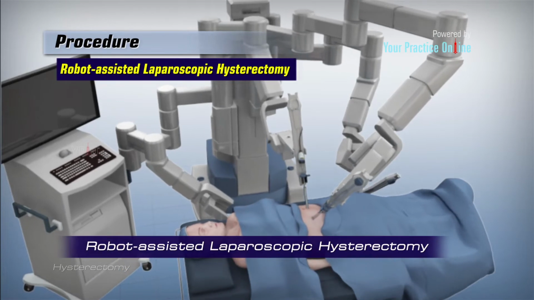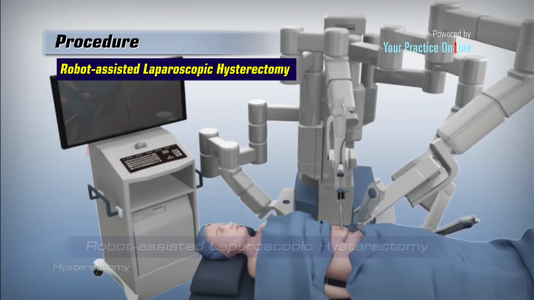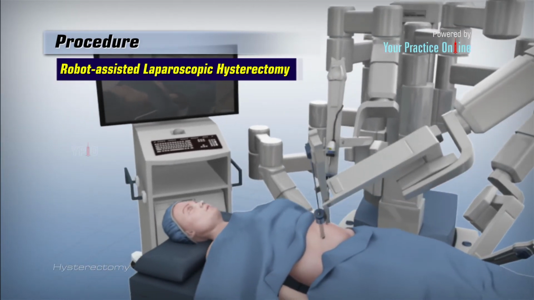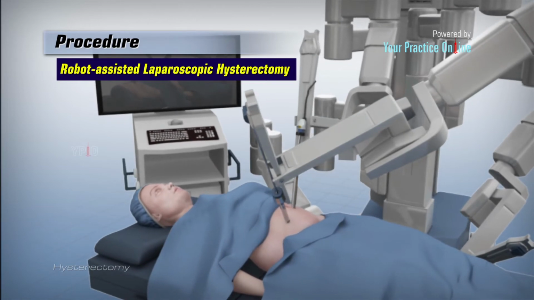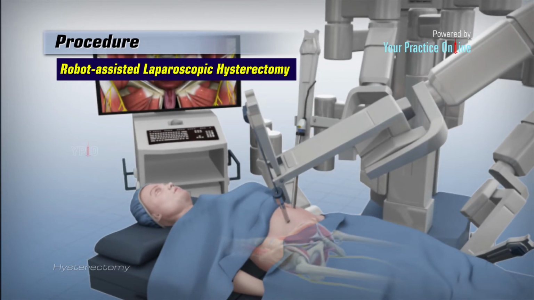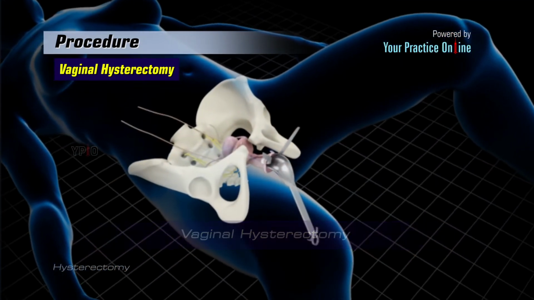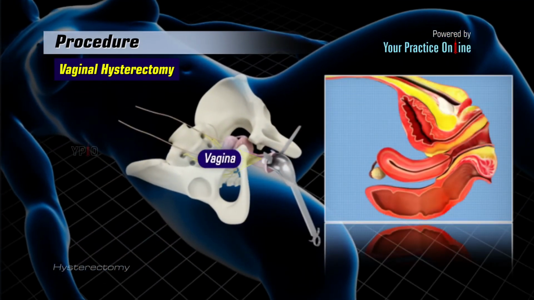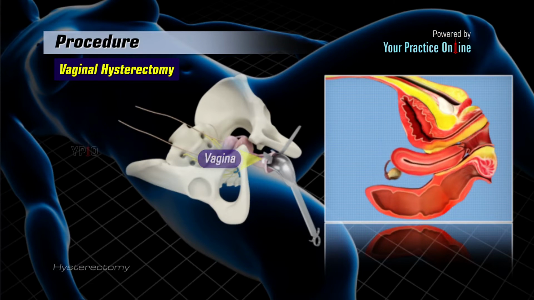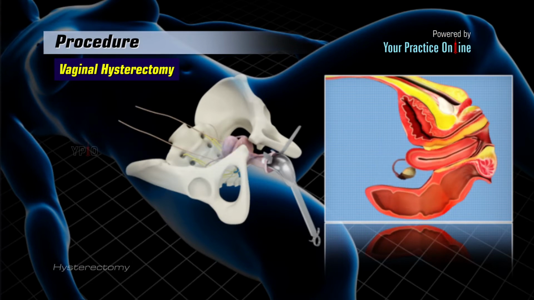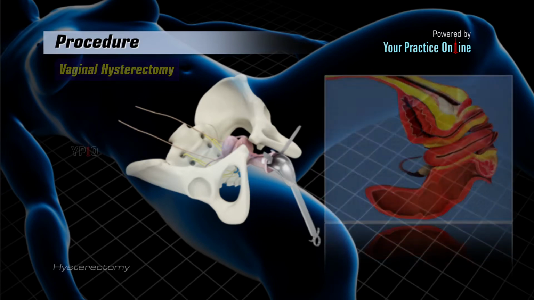Robot-assisted laparoscopic hysterectomy uses a robot attached to instruments to help perform the surgery through tiny incisions with a laparoscope. Vaginal hysterectomy is a method where the uterus is removed through the vagina. As the incision is made inside the vagina, healing time may be less than with abdominal surgery.